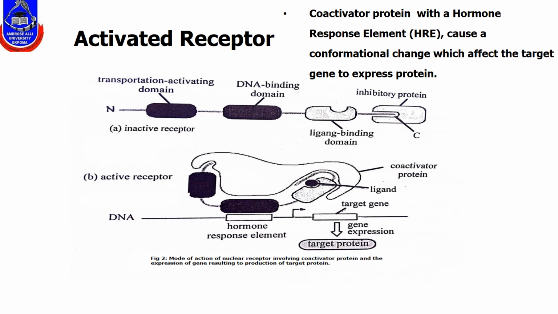That cleaves the inhibitory protein and causes the molecule to have a compositional orientation. By activation, protein interacts with hormone response elements. In the whole, we have a conformational change which affects the target gene and leads to expression of protein.